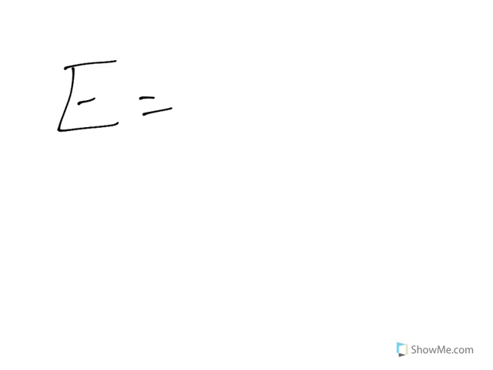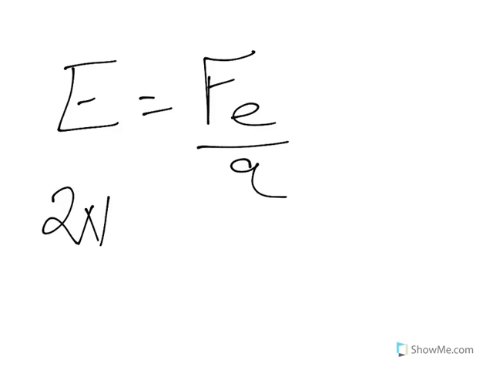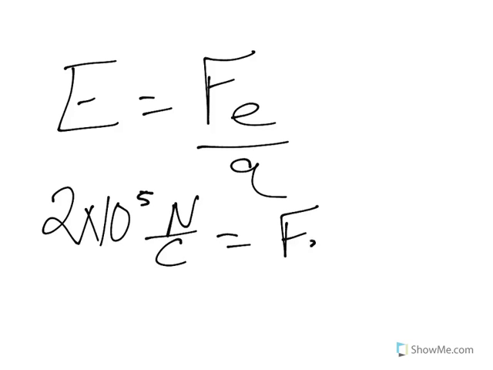And on number 2, we are going to be working with this formula. Electric field is equal to the electric force divided by charge. And this says the electric field is 2 times 10 to the 5th newtons per coulomb, and our electric force is that.